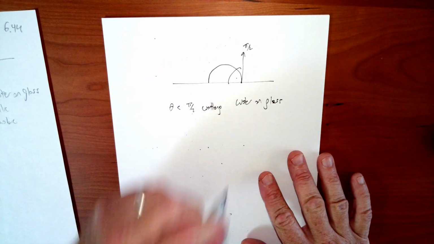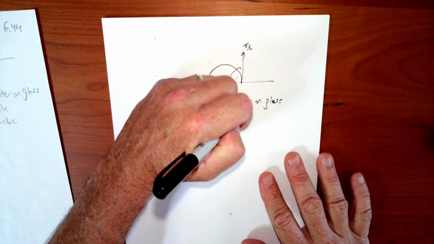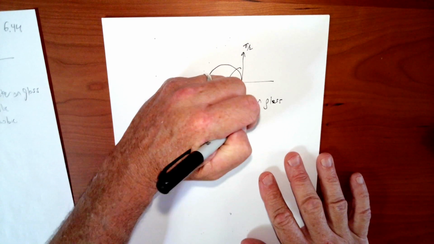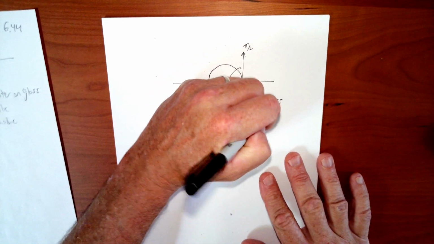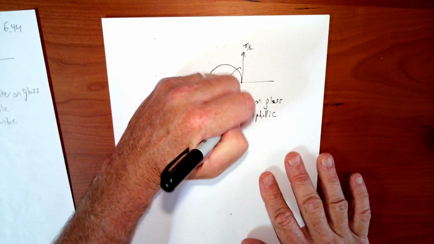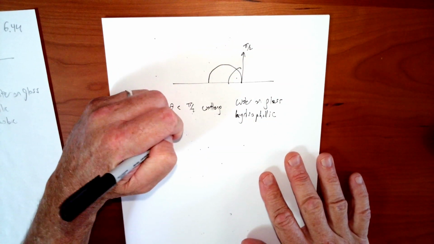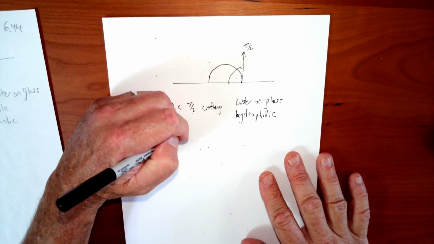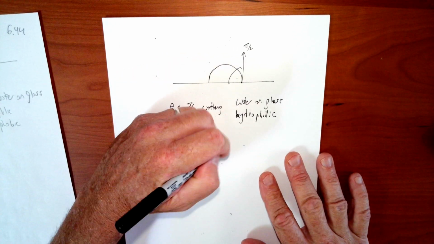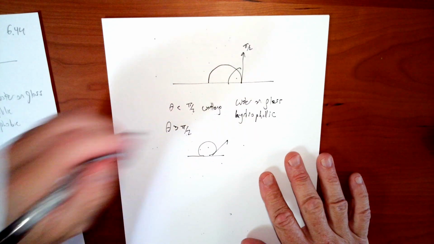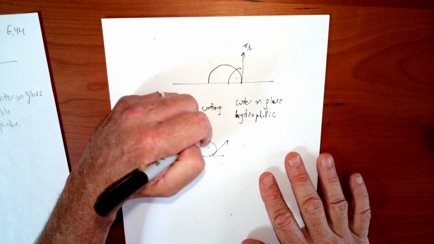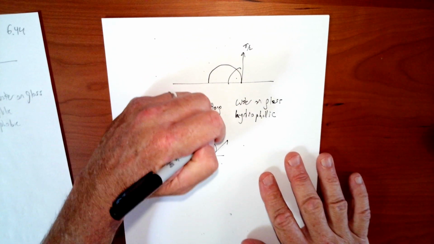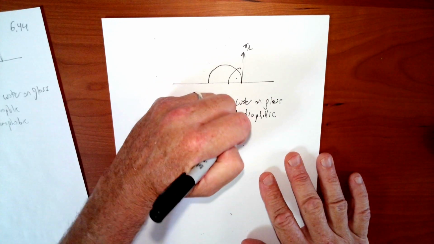In fact, it spreads out very, very well, and it's also considered to be hydrophilic. And if theta is greater than pi over 2, then you've got a droplet sitting like that. That is non-wetting, and if it's water, you can say that it is hydrophobic.